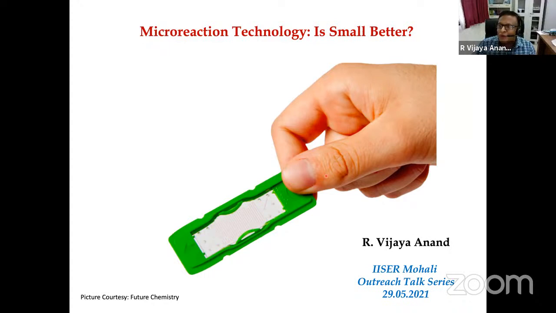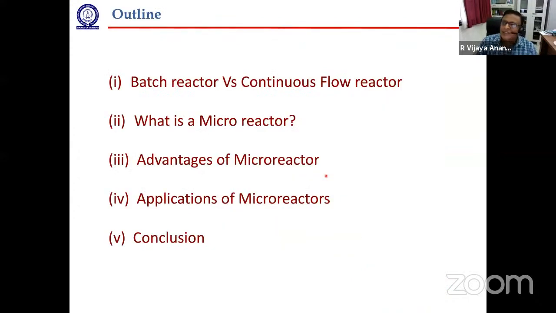And good morning, everyone. First of all, I would like to thank the outreach team, especially Mahua, Prasad, and Amit, for giving me this opportunity to talk about a general topic, which is called microreaction technology, which is also one of my research interests. Today I'm going to talk about the advantages of microreaction technology, especially in organic synthesis.